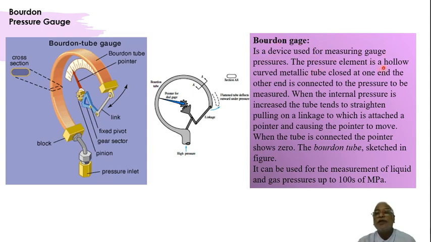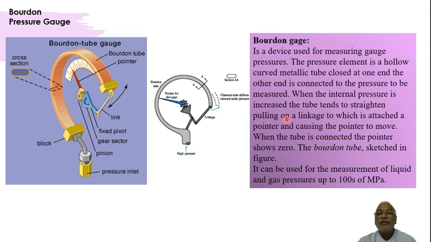The pressure element is a hollow curved metallic tube, closed at one end, and the other end is connected to the point where the pressure is to be measured.